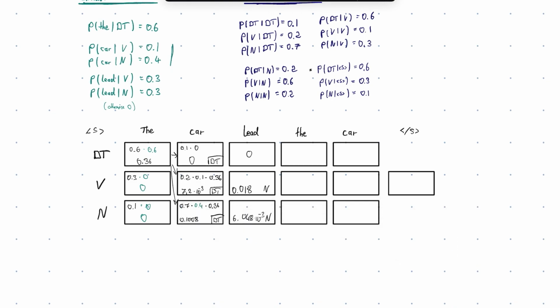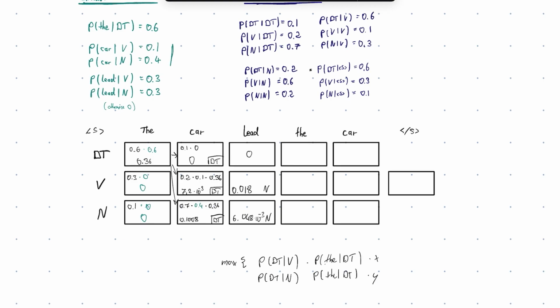For the next one, we want to know what the options are for being in the determiner state. So determiner given verb or determiner given noun, times the probability of being in that state, which is the probability of being there in the first place.